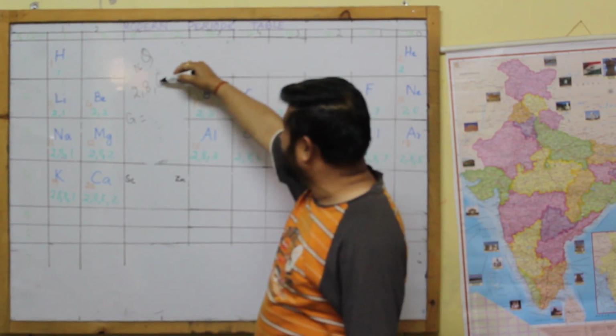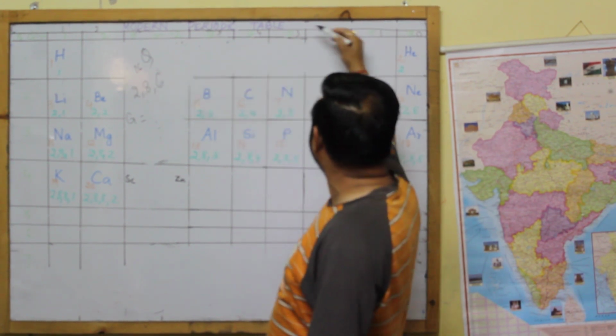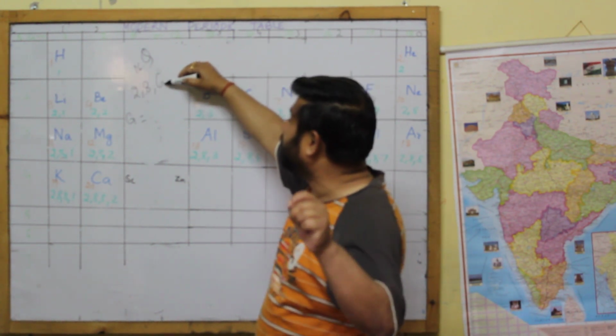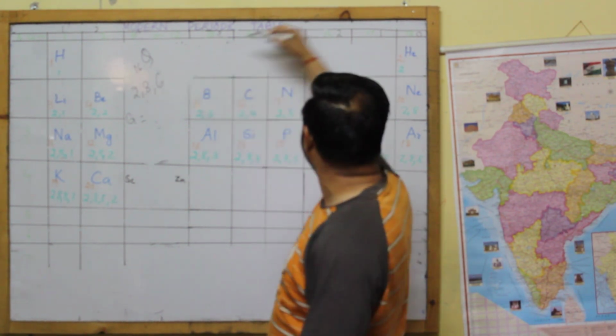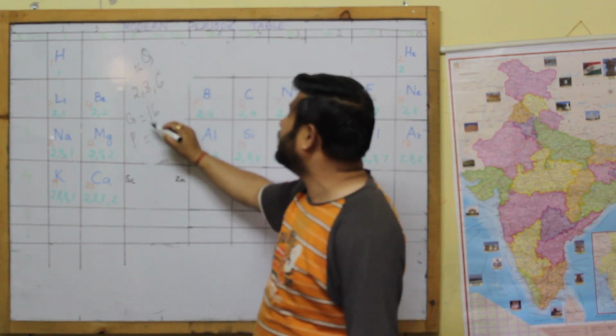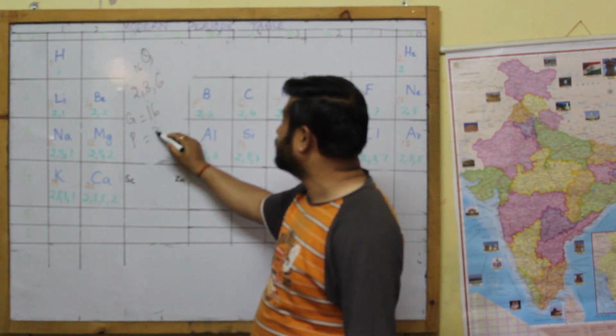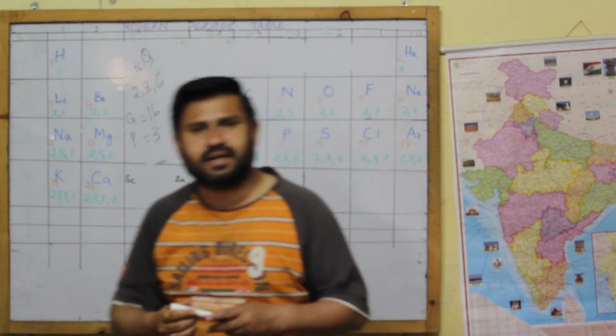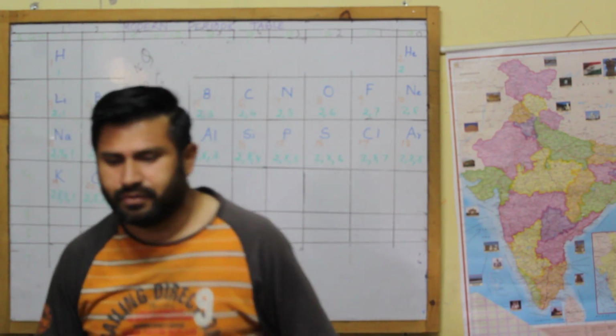Another way to find out the valency: valency in this case is 2. So again, it comes to group 16. So group will be 16. Period 1, 2, 3, so the period is 3. Remember, this kind of simple, tricky sums may be asked. Thank you so much.